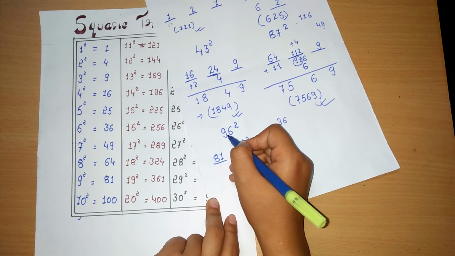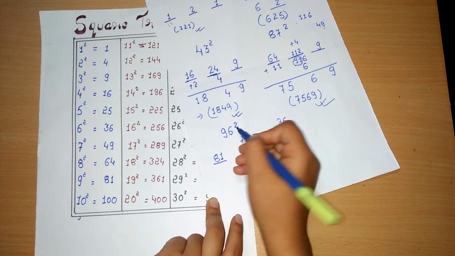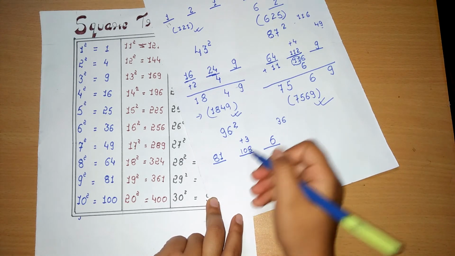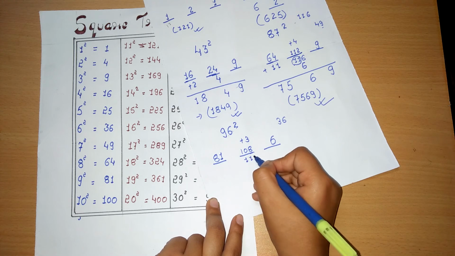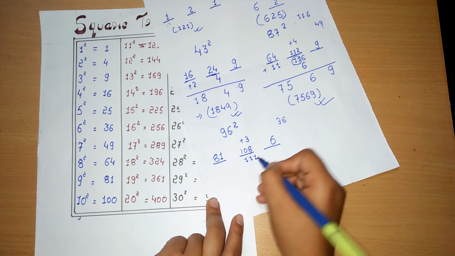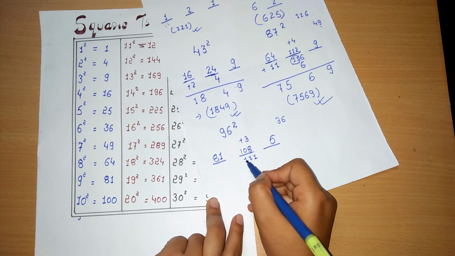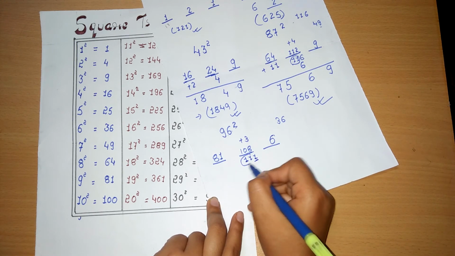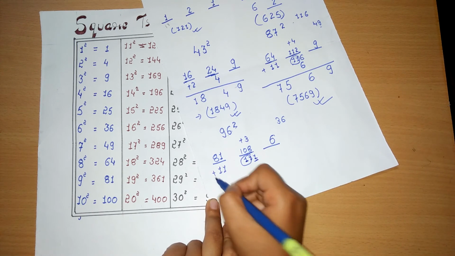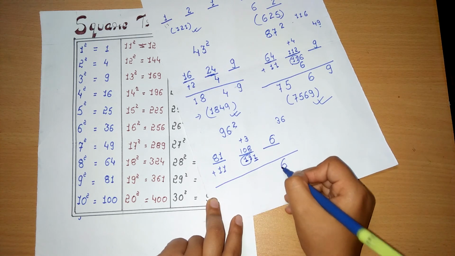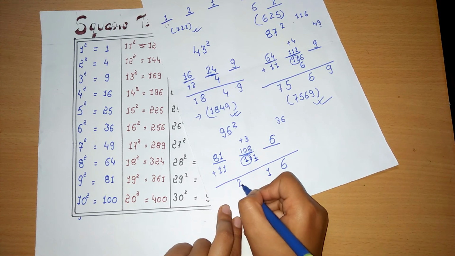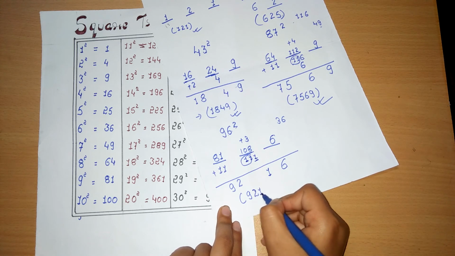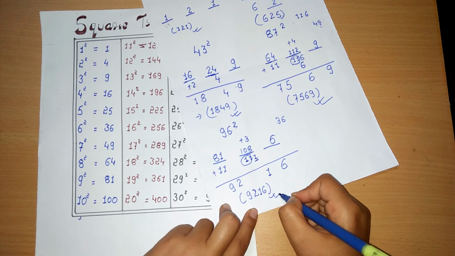We multiply this number, 9 into 6 into 2, the total becomes 108, and we add this 3, it becomes 111. Again a three digits number comes, so we write only one digit, 1, and this 11 is added to the next one. So the total becomes 9 2 1 6. This is the square of 96.